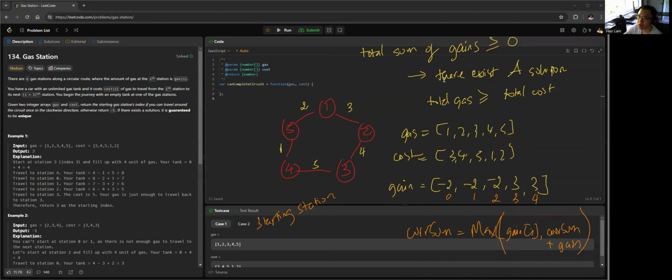If our cumulative gain at a certain station drops below 0, we can ignore it, reset our sum to 0 and the starting station to the next station. So in other words, if there exists one and only one solution, and that solution must be positive, we can always ignore the negative gain and only keep track of the positive gain.